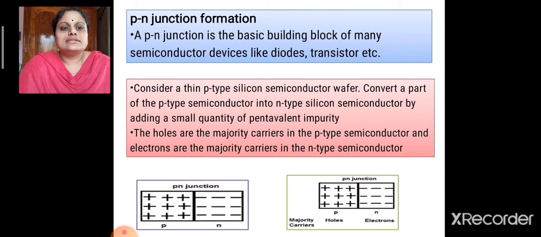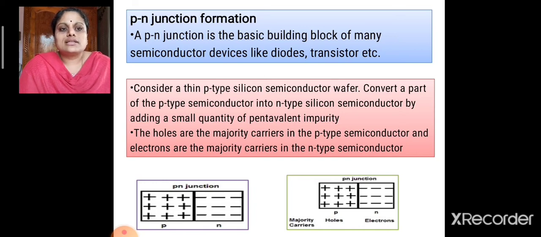Consider a thin p-type silicon semiconductor wafer. Convert a part of this p-type semiconductor into n-type semiconductor by adding a small quantity of pentavalent impurity.